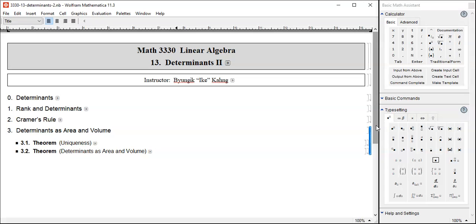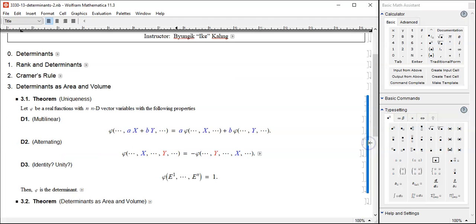When you have multiple integrals, then the volume element or n-dimensional volume element is basically the determinant of the Jacobian matrix, the derivative matrix, and that's related to the fact that determinant is actually area and volume of parallelepiped.